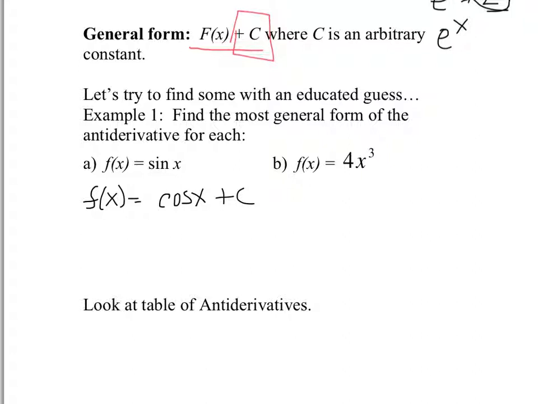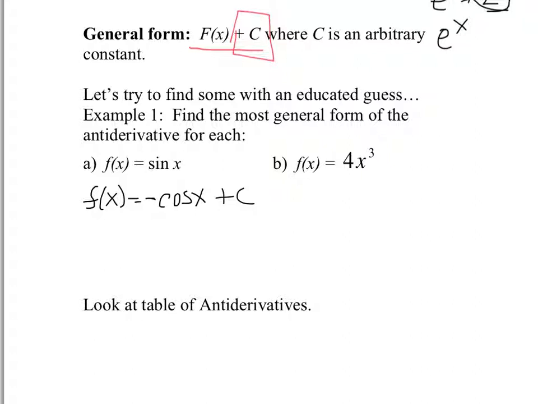But if I find f prime, wouldn't that be negative sine x plus 0? In order to get a positive sign, we need a negative right there. So the antiderivative, or the original function, must have been negative cosine x plus c. That would get us a derivative of sine x.